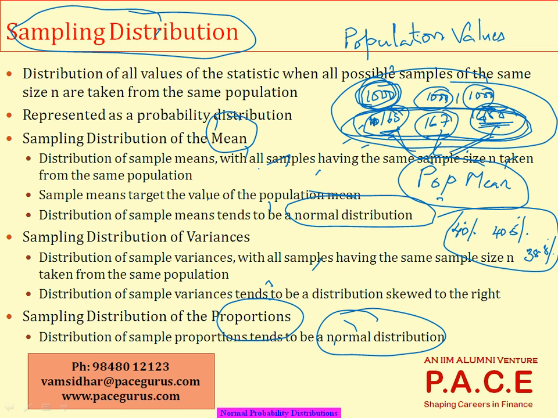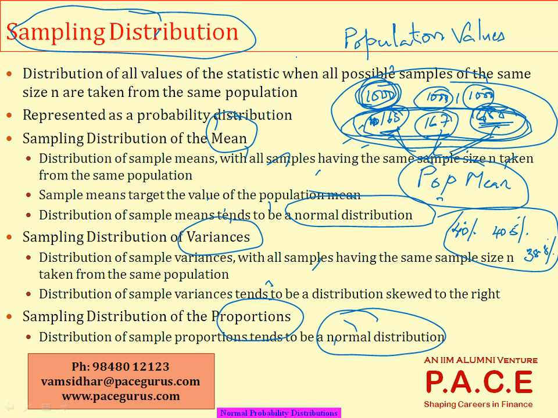Whereas when I am taking the sampling distribution of the variance, the same aspect: for this 1000 find the variance, for another 1000 sample find the variance. Whatever various variances you have got, find a probability or frequency distribution for each combination of the 1000.